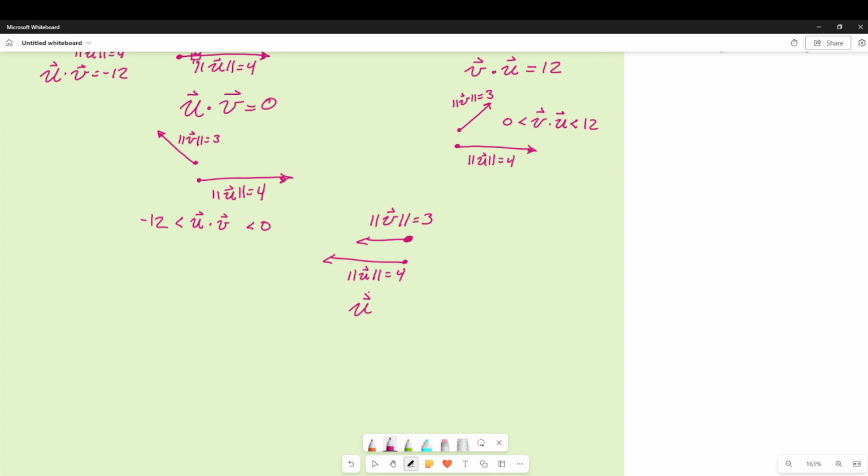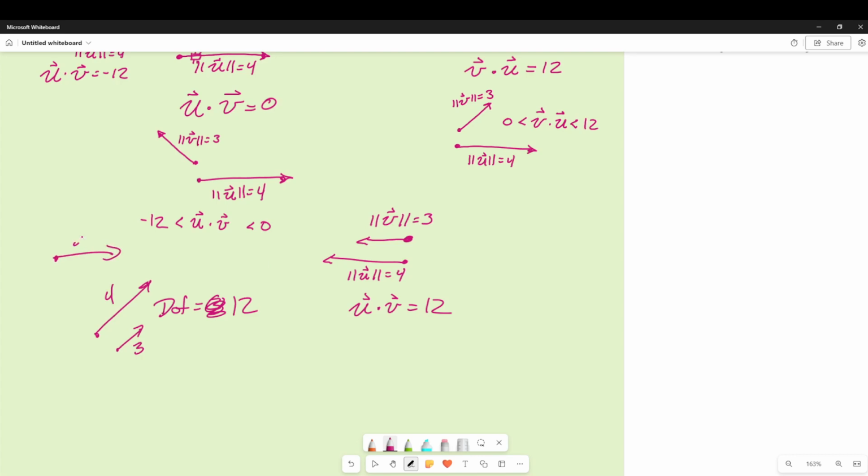Now their dot product, because they're headed in the same direction, goes back to being positive. And that would happen no matter what that direction is. If this had a magnitude of 4 and that had a magnitude of 3, then the dot product between those two vectors would be 12, the full product of their magnitudes.